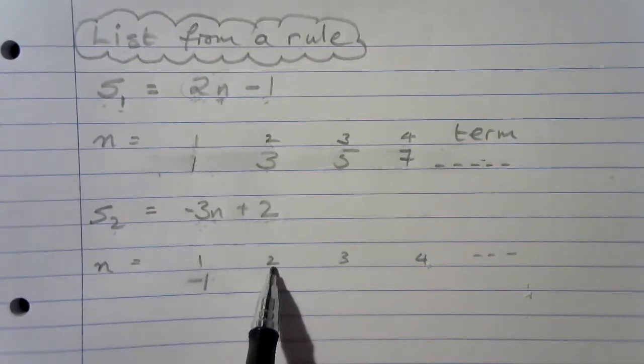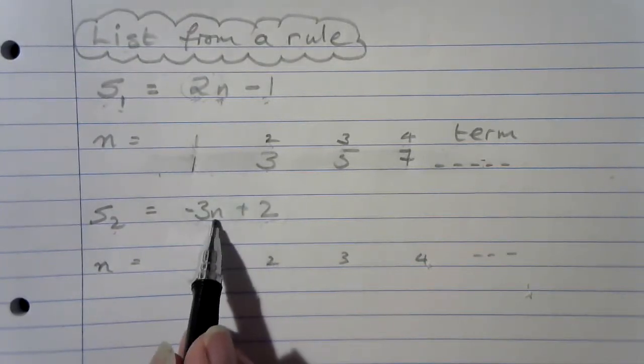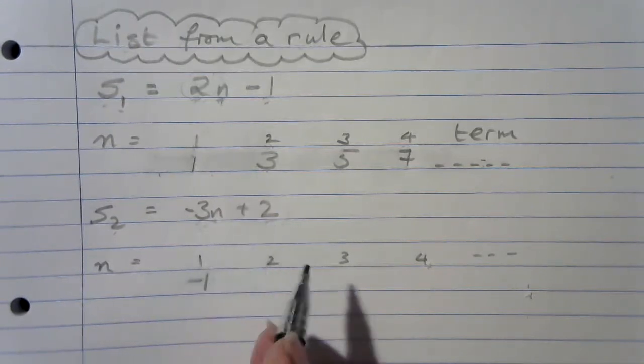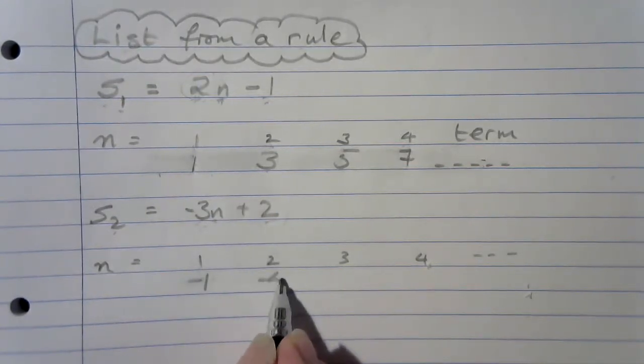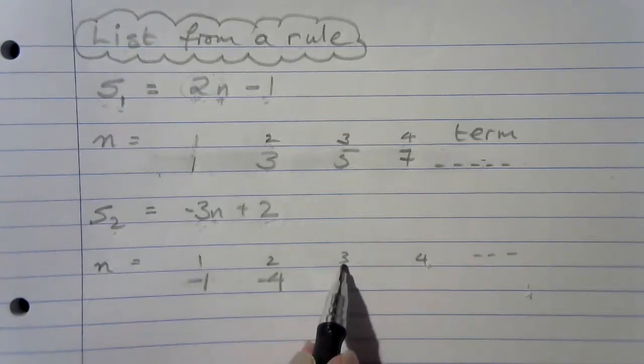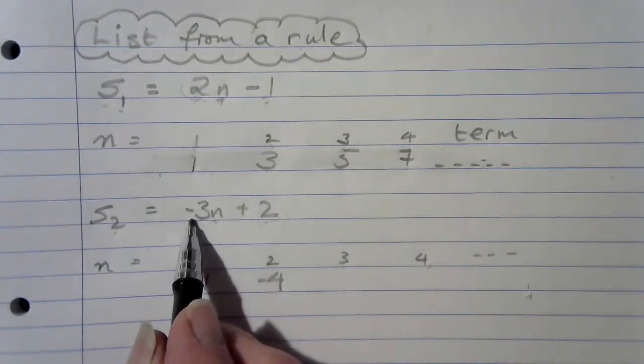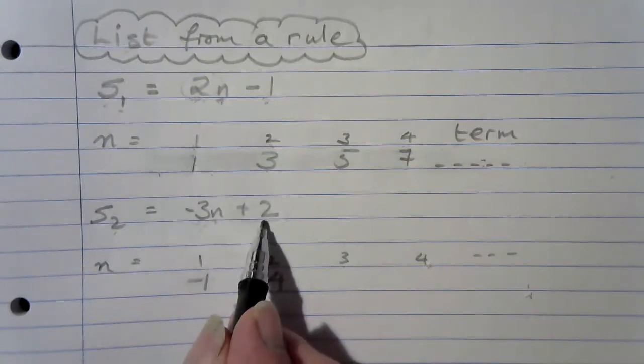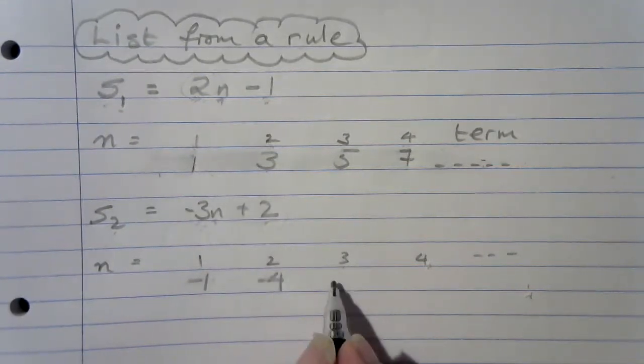Right, my second term is negative 3 times 2, which is negative 6, plus 2, which gives me negative 4. My third term is negative 3 times 3, which is negative 9, plus 2, which is negative 7.